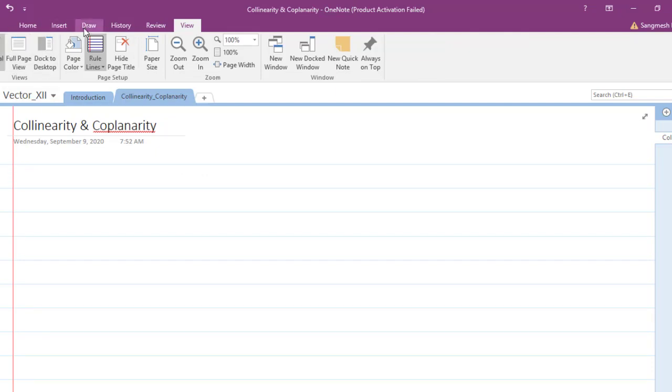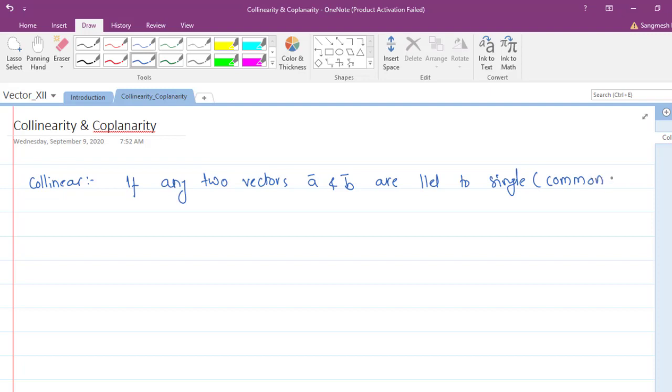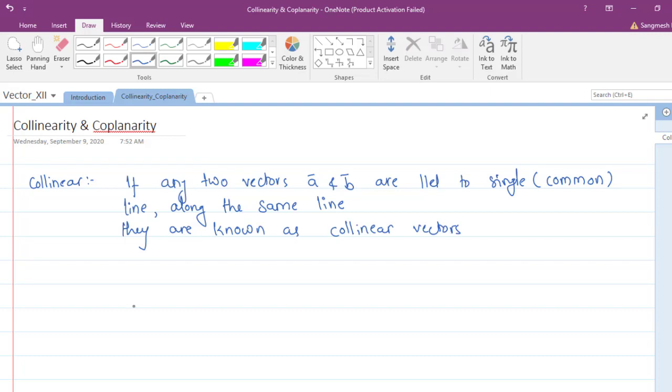Okay, so in the vector language, what we can say is, first I will write the statement: if any two vectors A bar and B bar are parallel to a single, or you can say common line, or along the same line, then they are known as collinear vectors. Okay, so this is the statement we have.